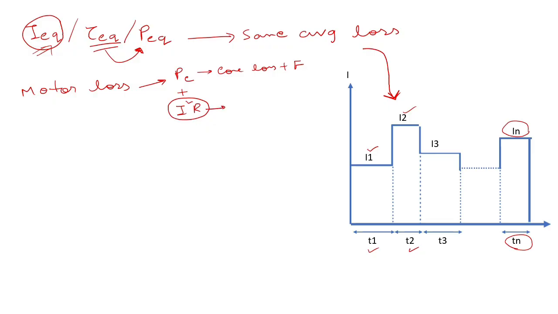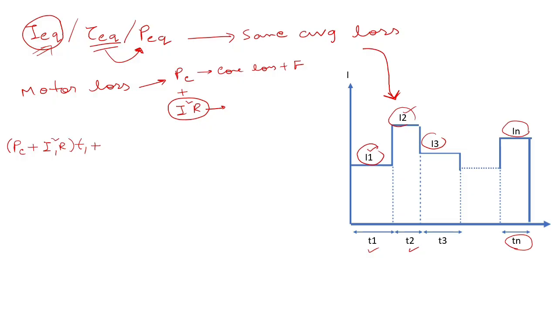Now the average loss that is produced by this current profile I1, I2, I3 up to In will be, for the I1 current, the loss will be PC, that is the constant core losses, plus the loss produced by the current, I1 square R. This loss is there in the motor for a time duration of T1.